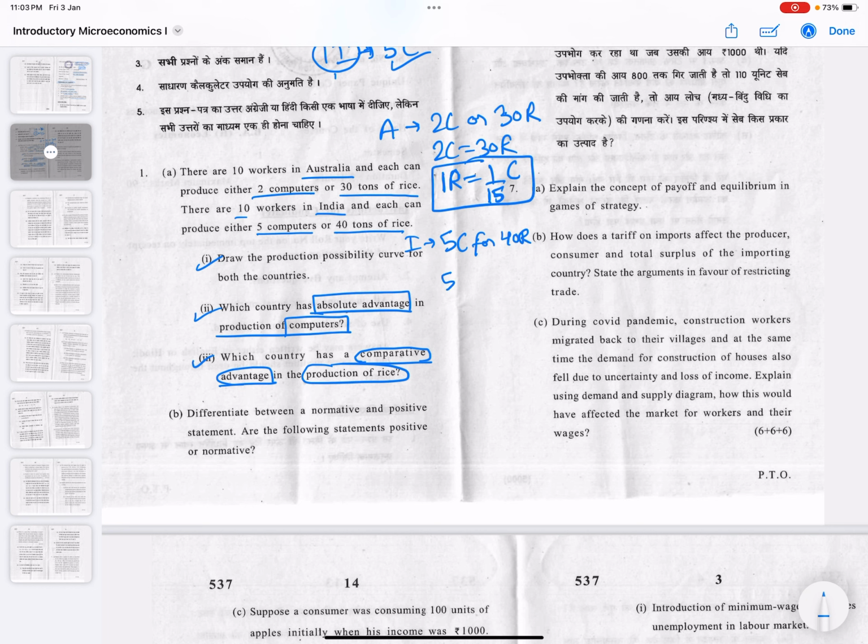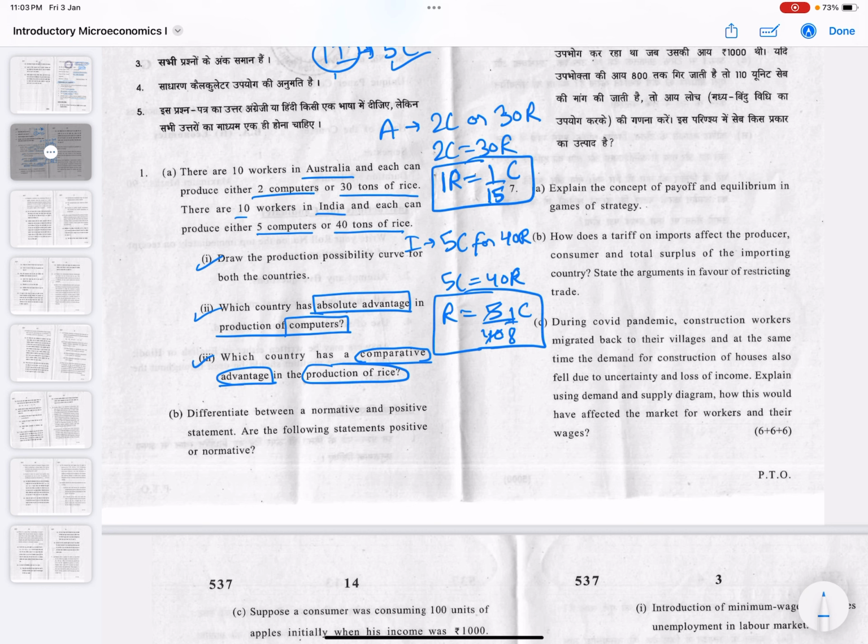So 1 rice equals 5 by 40 into computer. So this is 1 by 8. So now what we can see is the opportunity cost. Okay, this is 2 by 30, so 1 rice is 1 by 15 computer. This is also 5 by 40.